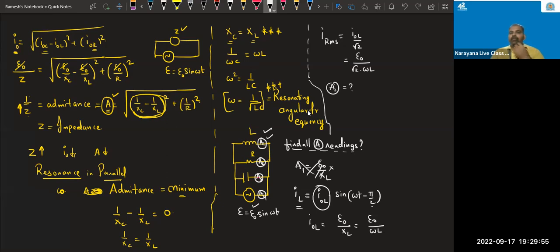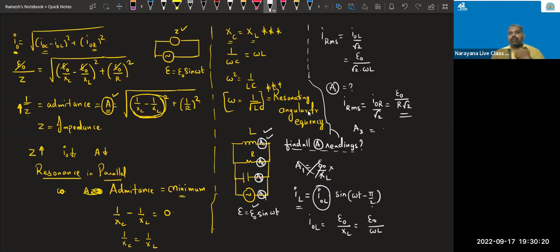Okay, logically, if it is exam hall, how will I do? Tell me. That is the RMS value in the resistor only, na? What is the formula? Peak current in resistance by root 2. What is peak current in resistance? Peak EMF by resistance, by root 2. That's it. Understood? What about A3?